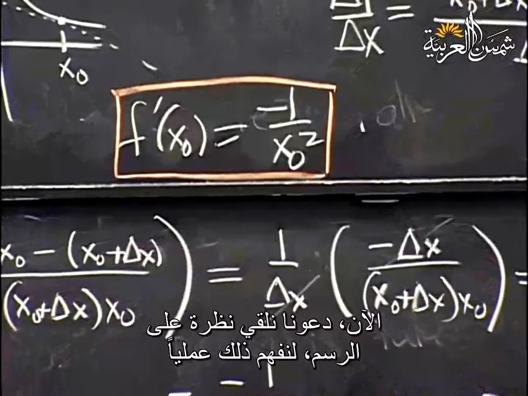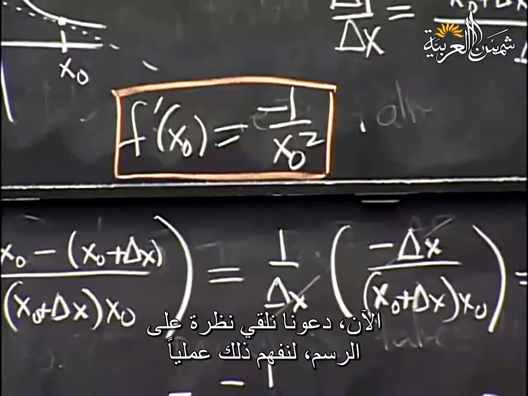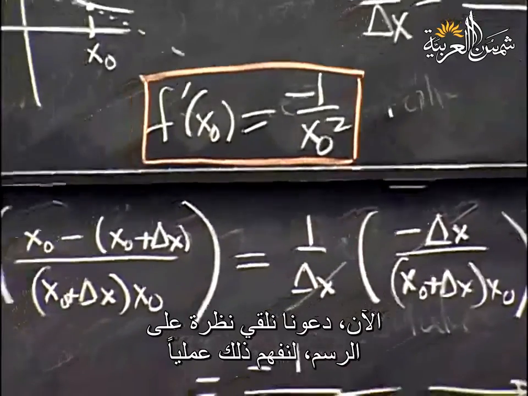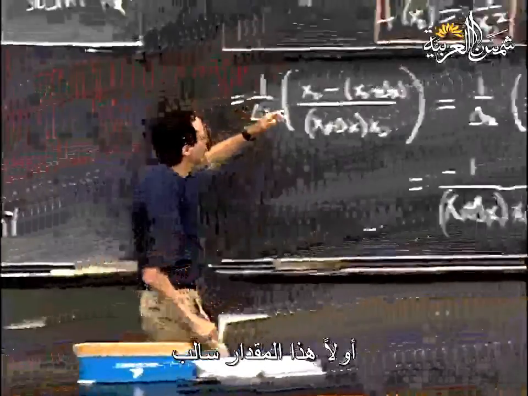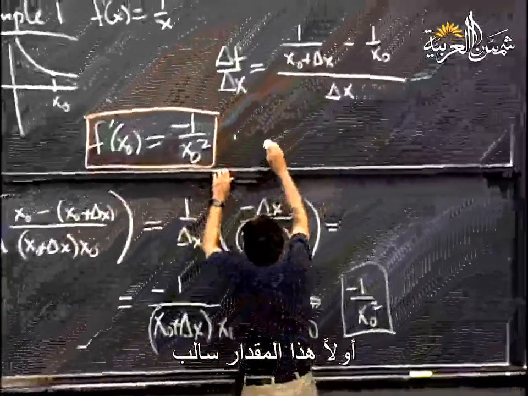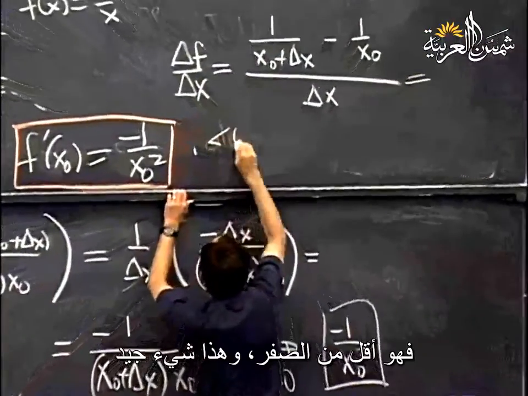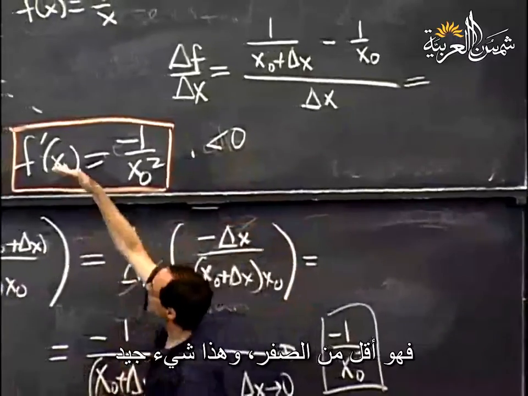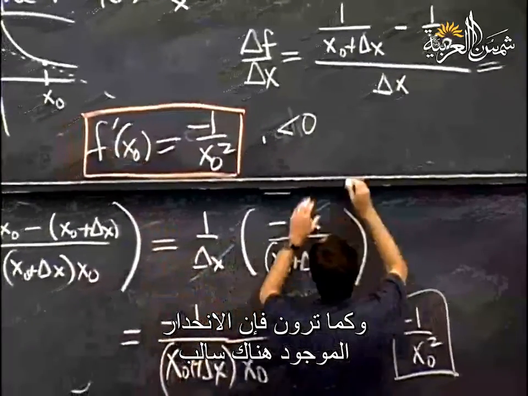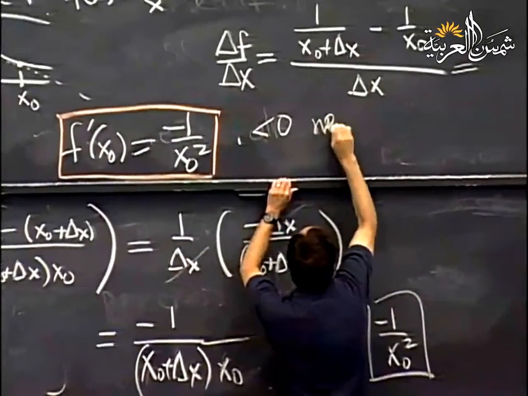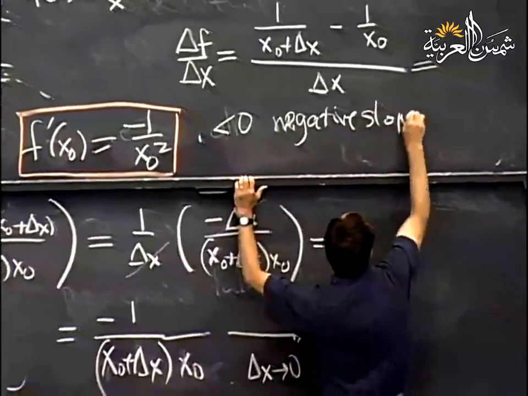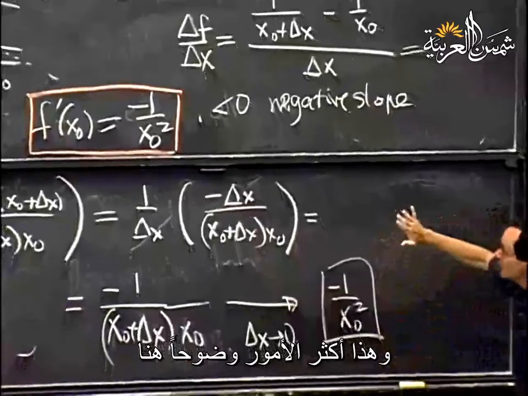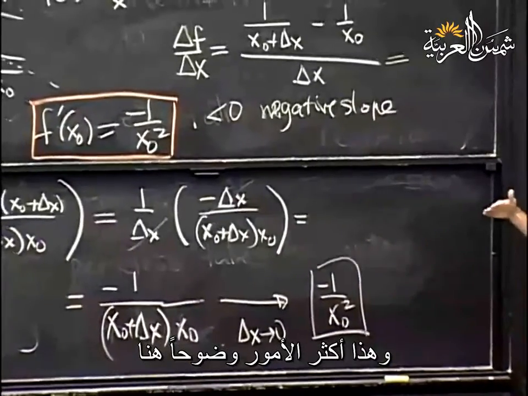Now, let's look at the graph just a little bit to check this for plausibility, all right? What's happening here is, first of all, it's negative, right? It's less than 0, which is a good thing. You see that slope there is negative. That's the simplest check that you could make.